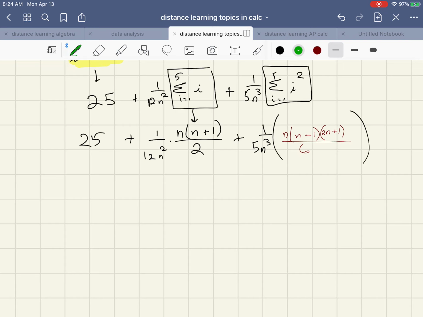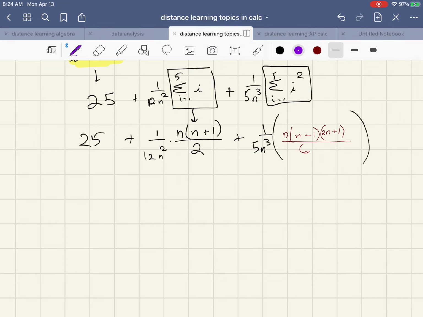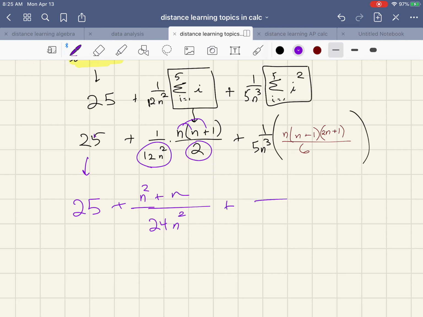Now we have a formula, albeit complicated and kind of nasty looking, to use the number of rectangles n, which will then give us the area. So 25 is good to go. I'm going to multiply here and multiply there, 24n squared. I'm going to distribute here, n squared plus n.